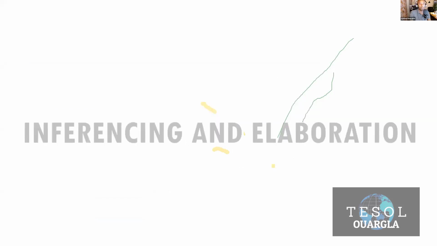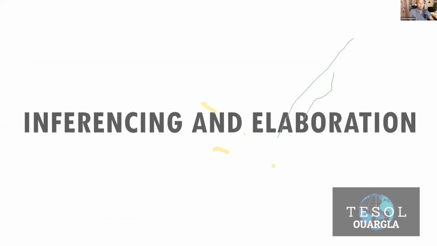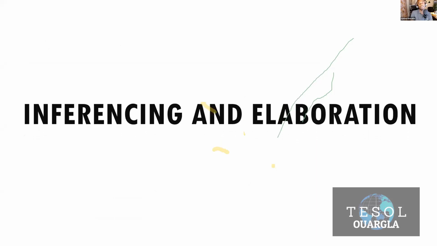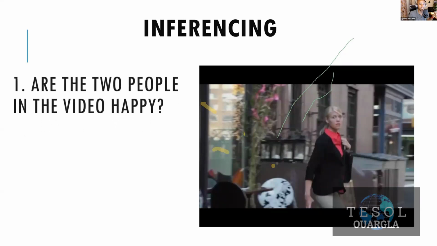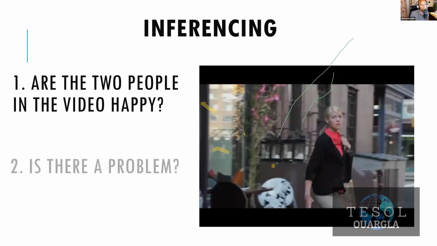Let's move to the last two, inferencing and elaboration. And in that, now you might say, yeah, he's giving us audio. What about video? Yeah, we can use video, but we have to use it in an interesting way. First, we show them the questions. Are the two people in the video happy?